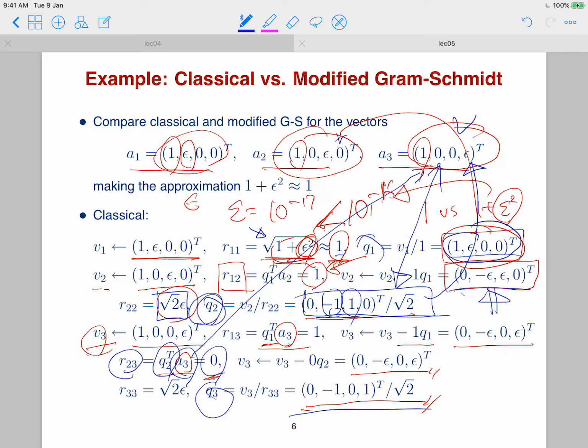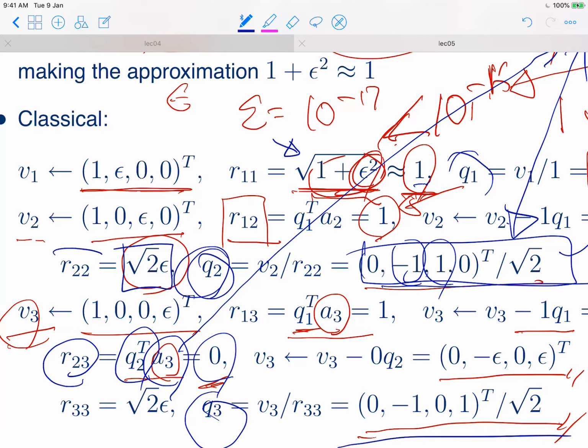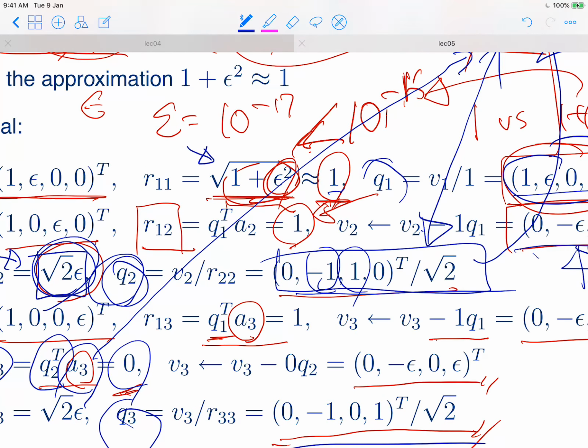Negative epsilon and positive epsilon, and we compute their lengths as this form, and this small value is actually working as the divisor in our normalization of this vector, right?